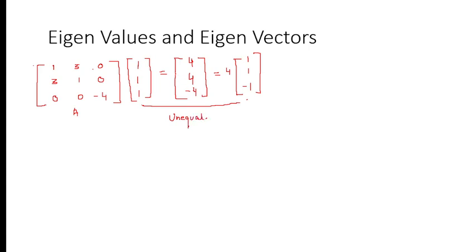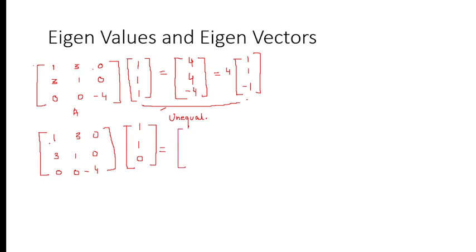Now suppose I change the vector, with the same matrix 1 3 0, 3 1 0, 0 0 minus 4. If I write the vector as 1 1 0, what final value do we get? It comes to 4, then again 4, and the last is 0.